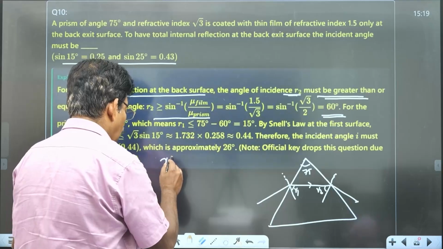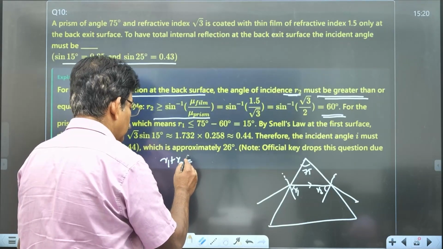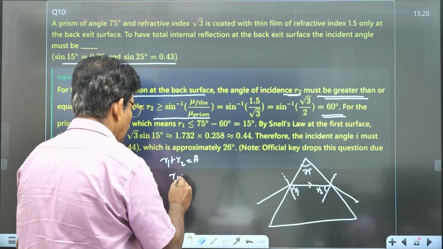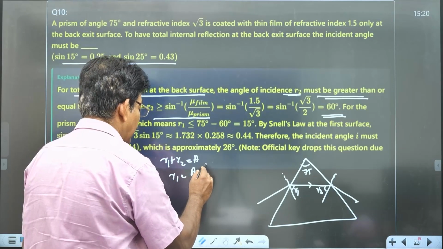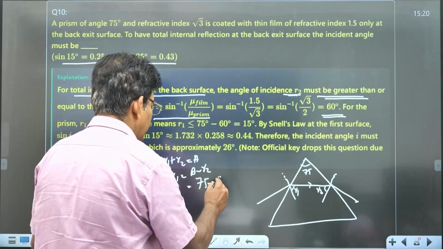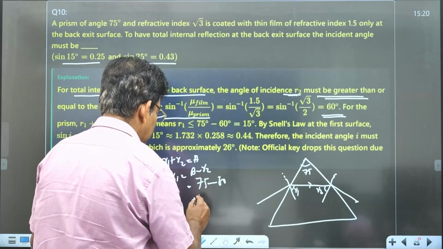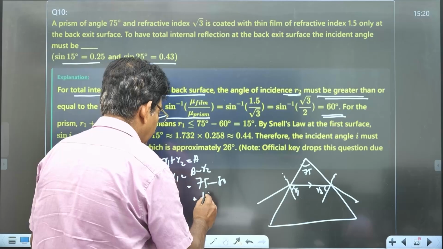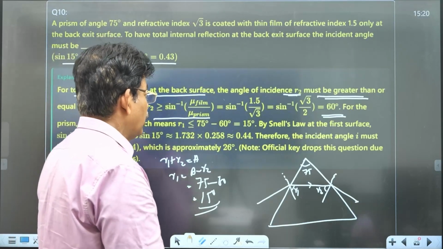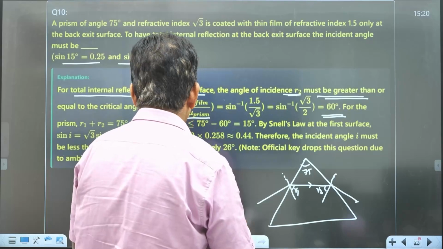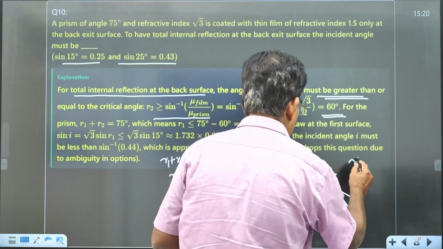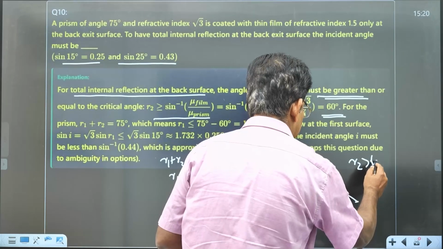Therefore, R1 plus R2 is how much? A. Therefore, R1 is A minus R2. A is 75 degree. 75 minus 60, that is how many? 15 degree. But we have to put a condition. What is the condition we are putting? R2 is greater than what? R2 is greater than 60 degree.